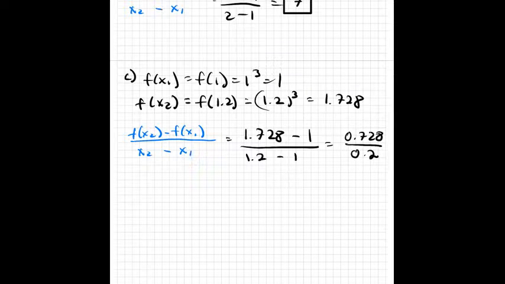So 0.2 is the same as 2 over 10, so that's the same as 7.28 divided by 2. Let me see. Hey Siri, what's 0.728 divided by 0.2? 0.728 divided by 0.2 is 3.64.